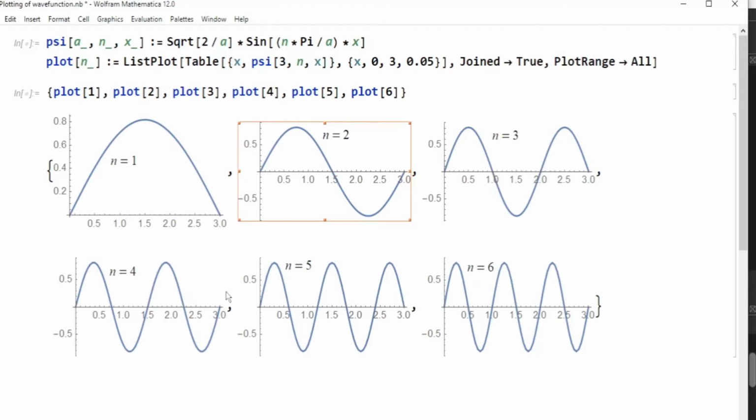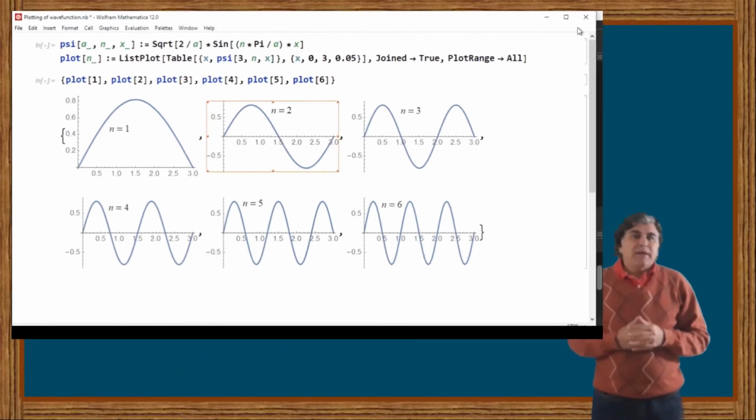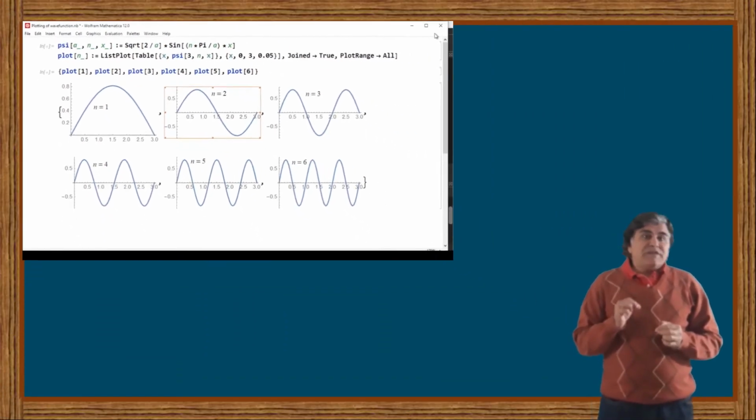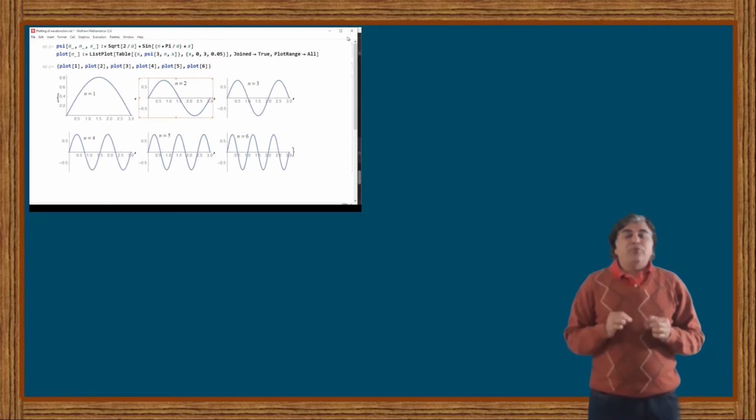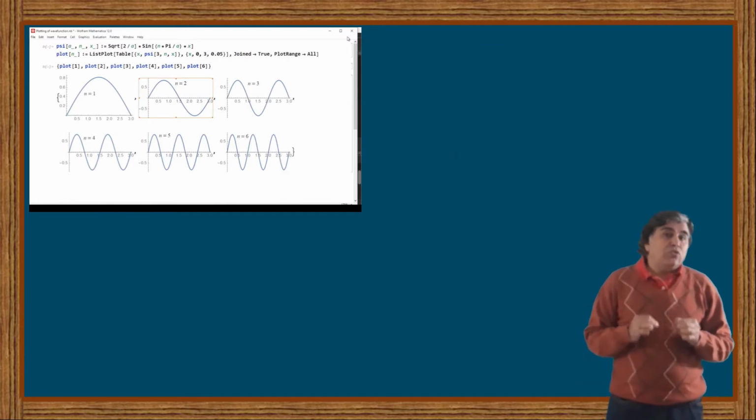Now let me put these plots at one corner of the board and let us discuss the physics behind the form of the plots. From the probabilistic concept of the wave function, we see that the probability of finding the particle at the nodal points is 0.